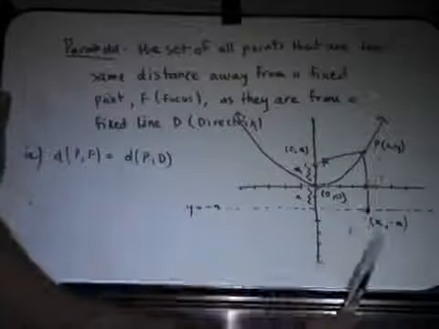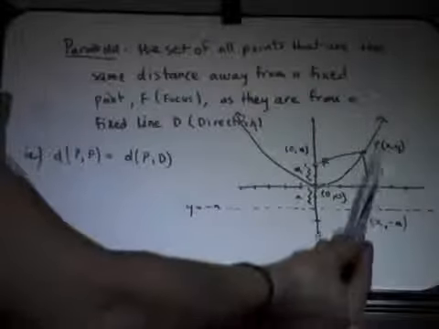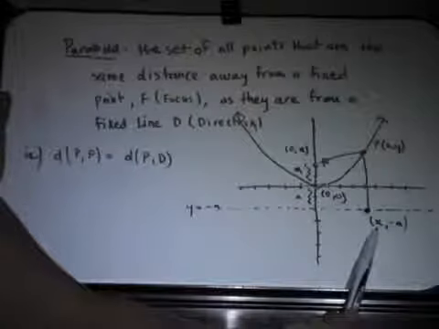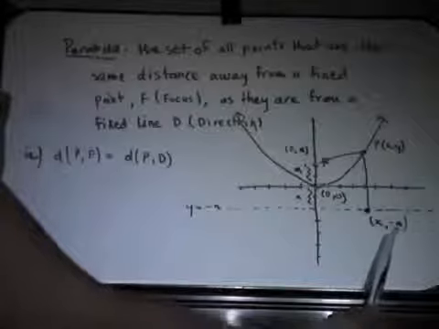The other distance is going to be the distance from P back to the point on the directrix line. So let's check that out. From P back to the directrix line, we want to find the distance between those two. So we'll say the change in the x values, which is 0, and then square that. Add it to the change in the y values.